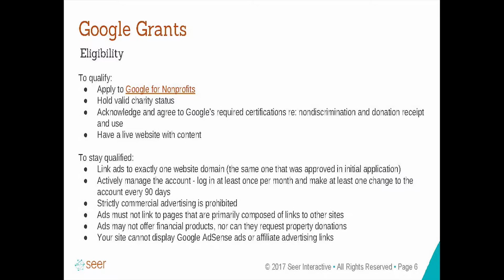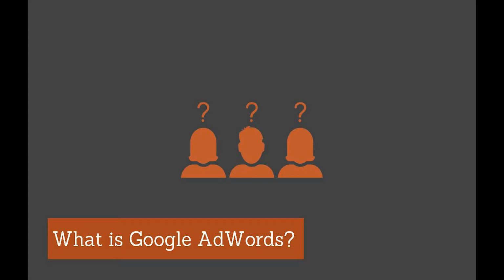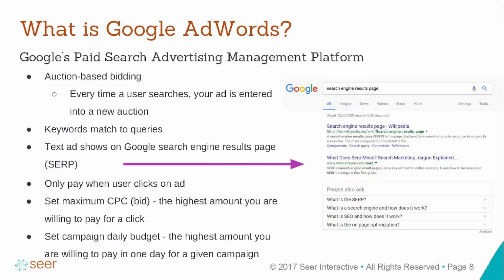Thank you. So, like I said, free money, awesome. But what exactly is AdWords? Basically, it's Google's paid search advertising management platform. What that means is that you enter into an auction with other advertisers and you bid, so that every time a user searches, your ad is entered into a new auction.